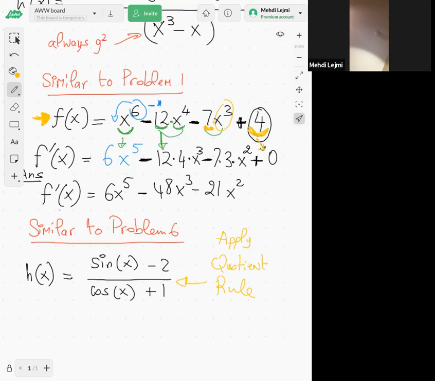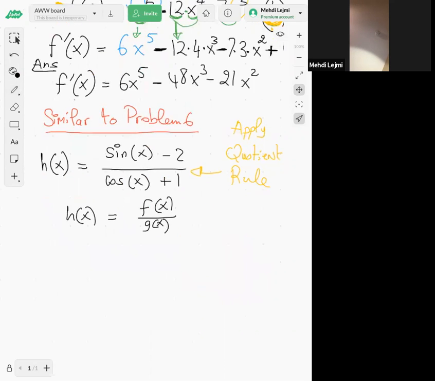When you have a quotient, you have to apply the quotient rule. So again, as I explained to Adrian, let's say the top is f of x, the numerator, and the bottom is g of x, the denominator.